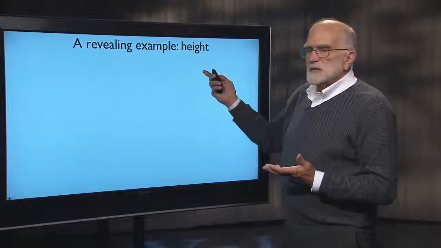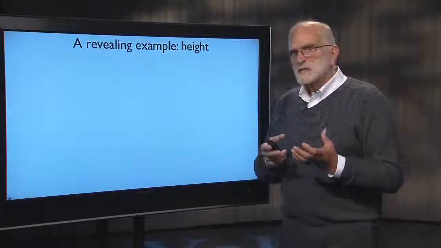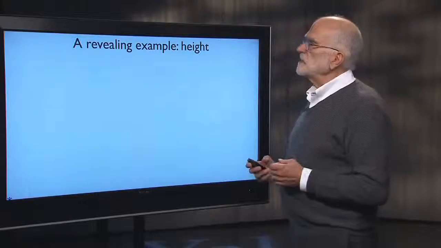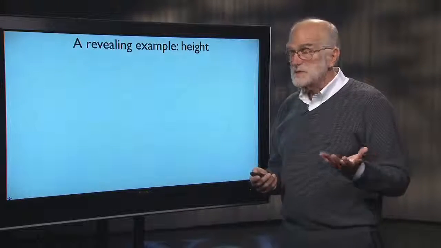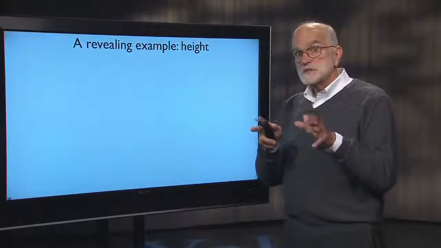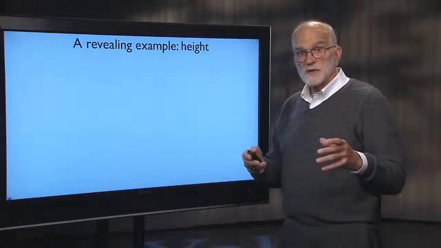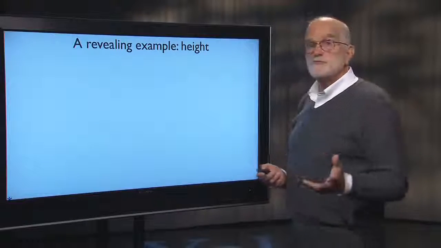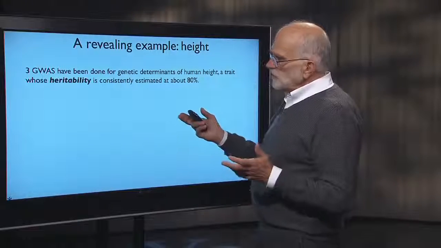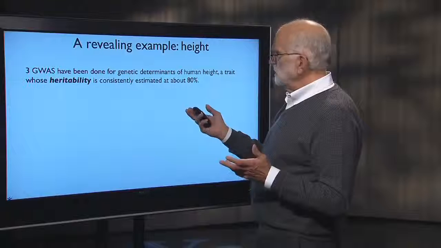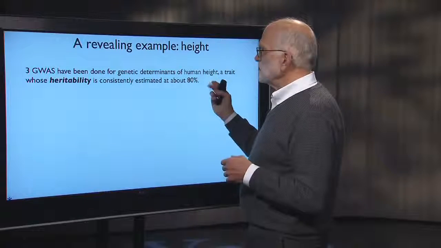Let's take an example where we can see this issue in a little more detail, and we'll just take human height. It's not a disease, but it's a case where we can study the genetic substrate of a trait in great detail. So, 3 genome-wide association studies have been done looking for genetic determinants of human height.